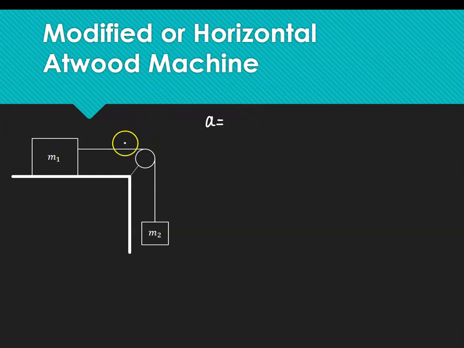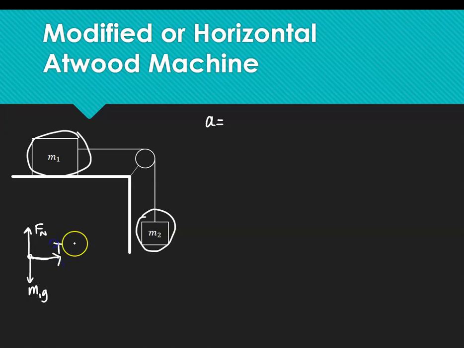And when we do the object method, we have to do our free body diagrams for each of our objects. So I'm going to have, for mass 1, the normal force up, the weight force down, and in this case, there is no friction, so we're doing this without friction, and then tension is going to point along the string.